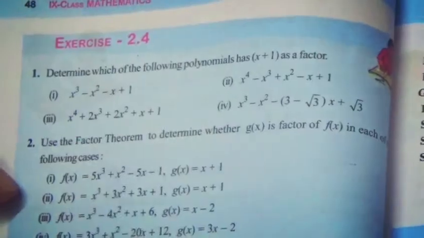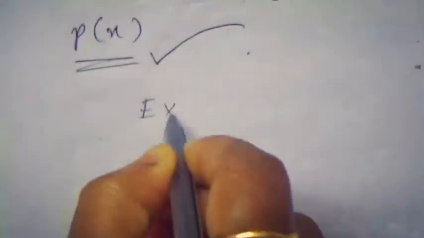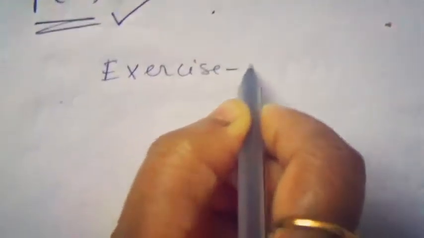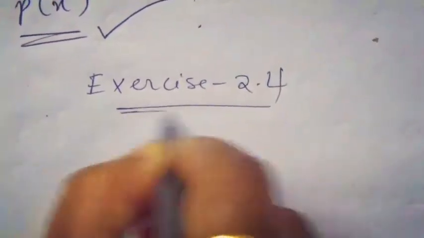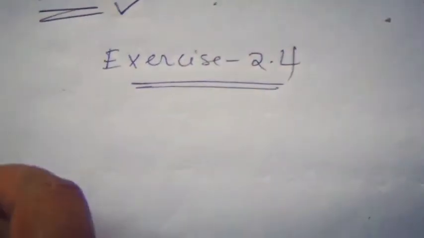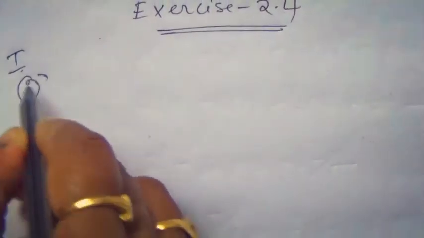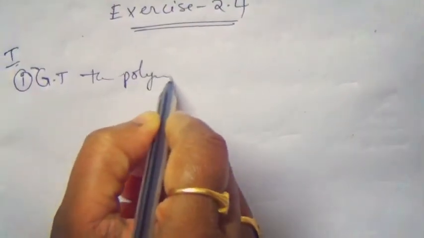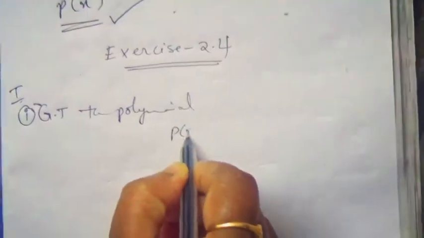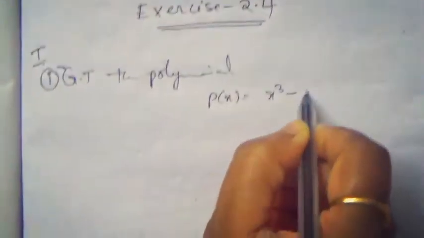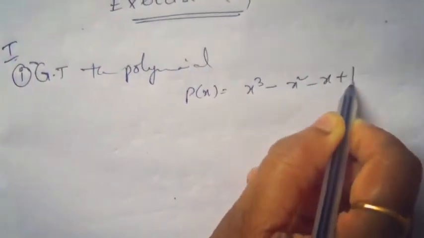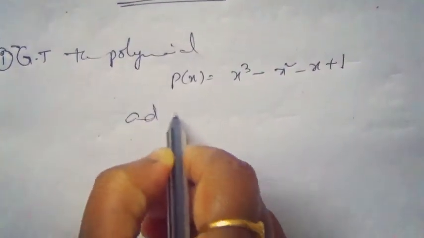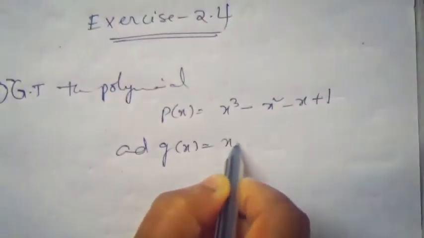So the first sum in exercise 2.4, first Roman. It was given that the polynomial p of x is equal to x cube minus x square minus x plus 1, and g of x is equal to x plus 1.